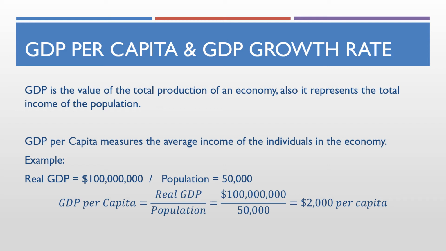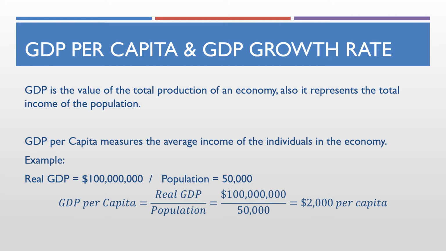Given an example here, we have a country that has a real GDP of $100 million, and the population in this country is 50,000 people. To calculate the real GDP per capita, we basically use the real GDP, which is $100 million, divided by the total population of the country, which is 50,000 people.